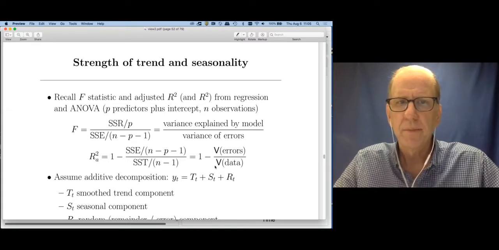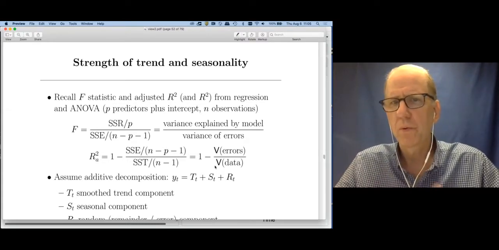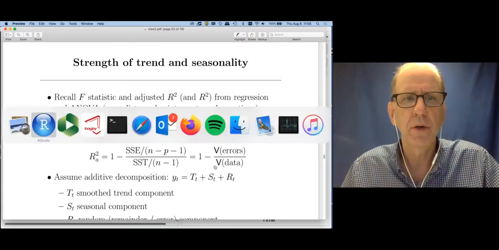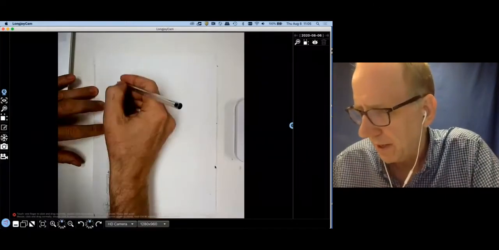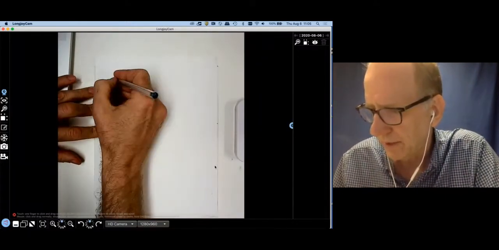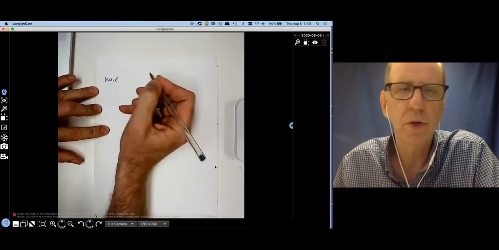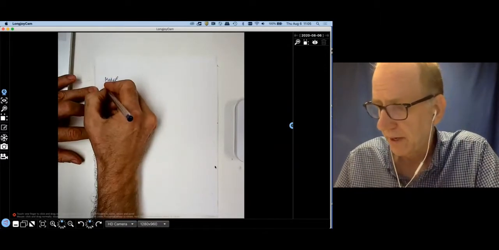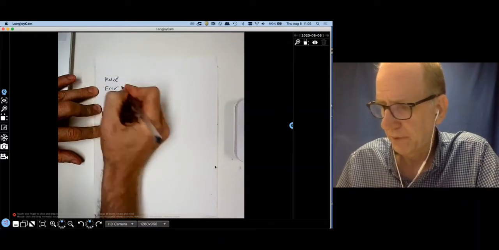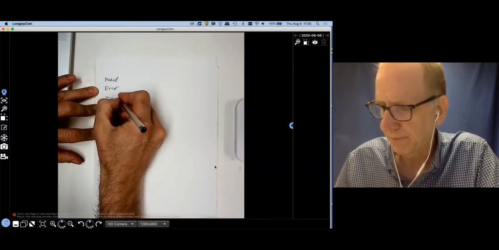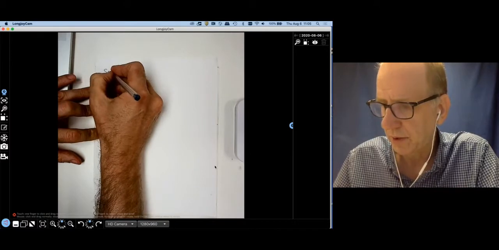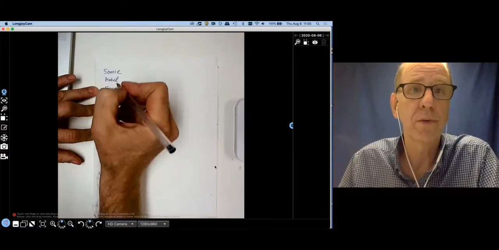So let me just refresh your memory on ANOVA quickly. So this is an ANOVA table. We have our model, sometimes called the regression. We have errors, and then we have the total.